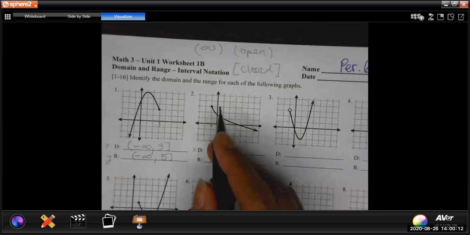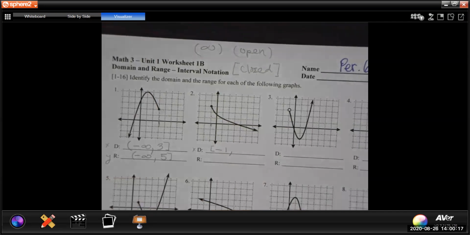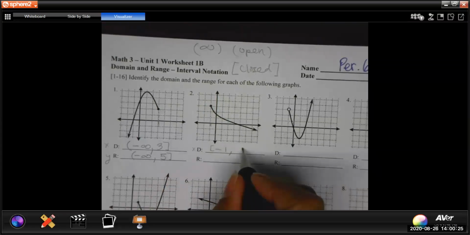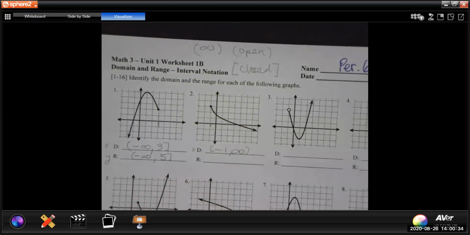Brackets. Okay. And now look to the right. Does it go on forever or does it have an end point? It goes on. So what would I put at the end? Parentheses with an infinity. Okay. Thank you very much.